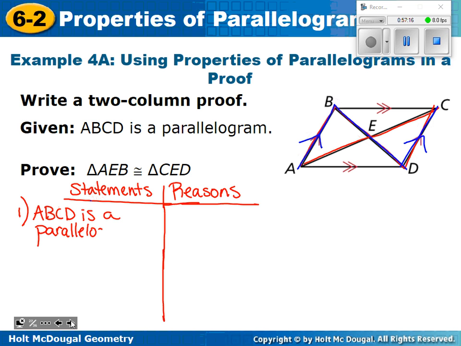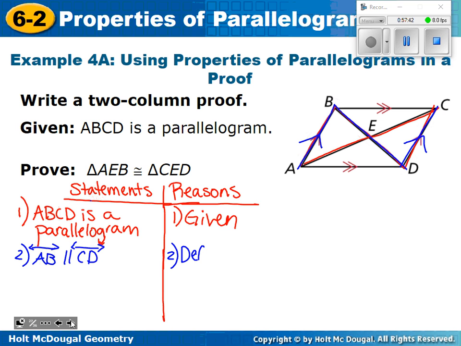Because we can't say opposite sides are parallel until we know it's a parallelogram. Yes, parallelogram symbol. Okay, now we can say AB is parallel to CD. And what's going to be the reason, though? Definition of parallelogram. When we say the opposite sides are parallel, that comes from the definition. So definition of parallelogram.